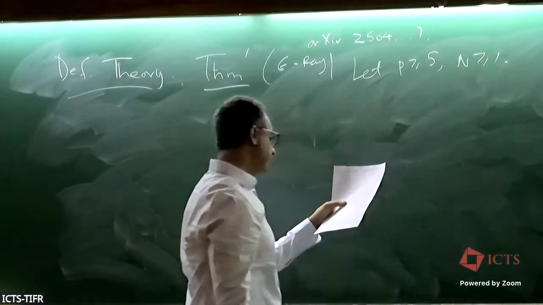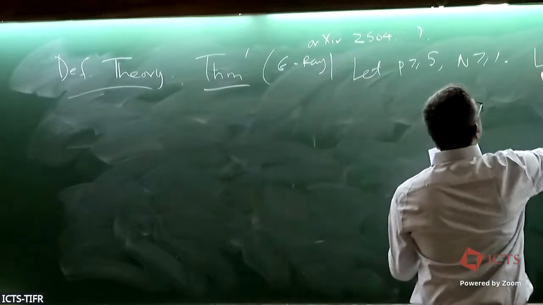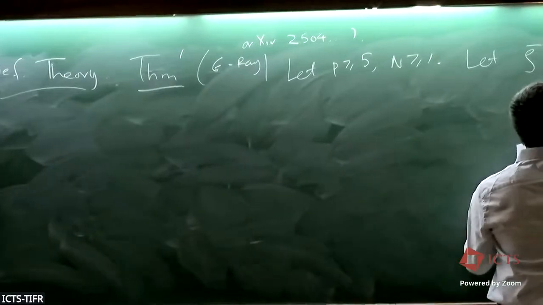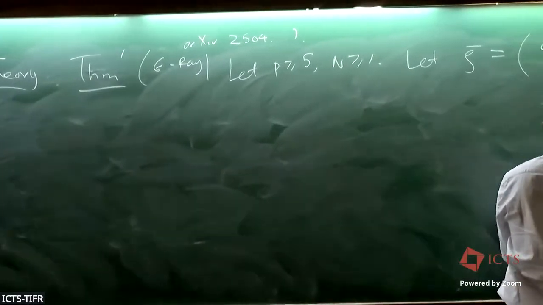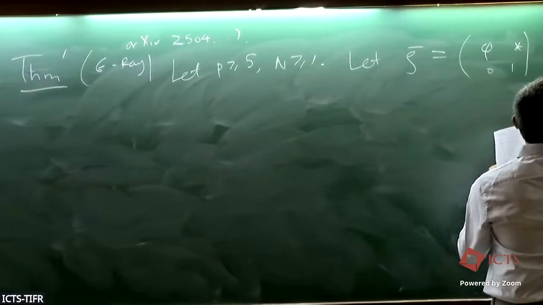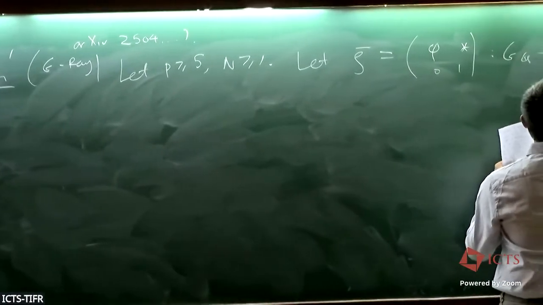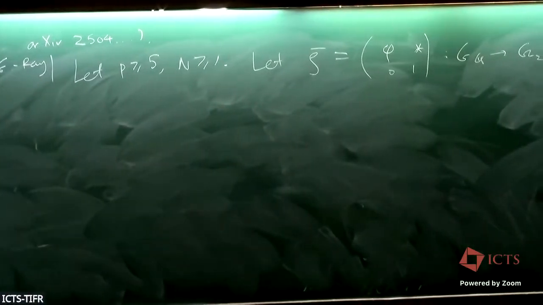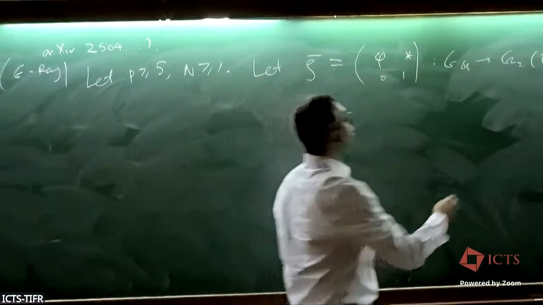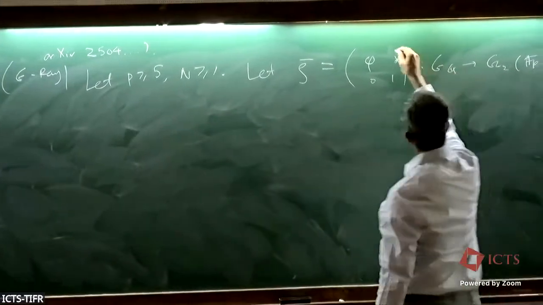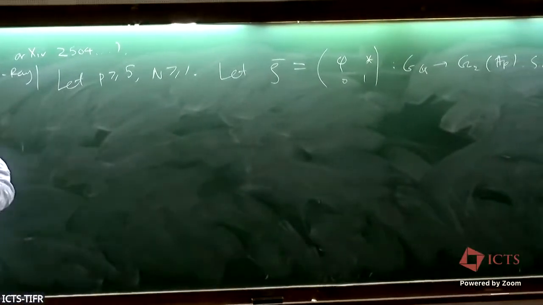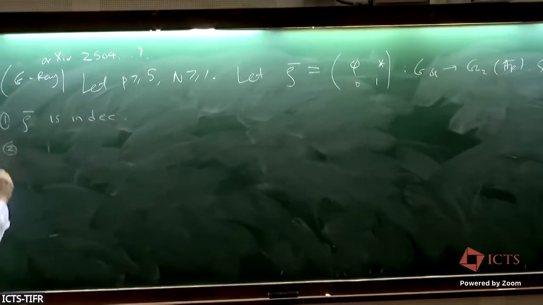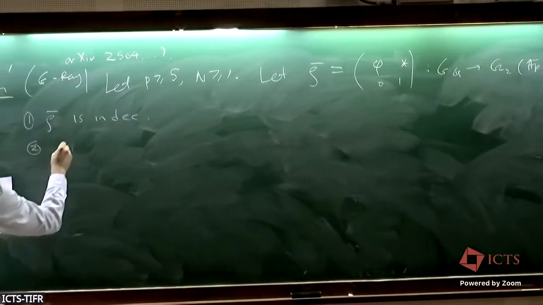Let p greater than 5 and n greater than or equal to 1. And let rho bar be a reducible representation, GL2 to F_p, such that this star is non-zero, it's indecomposable. And the second condition is a slightly technical one.